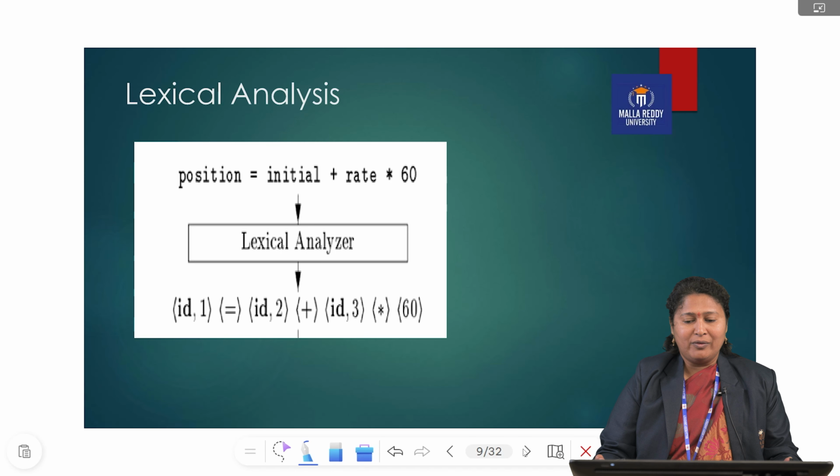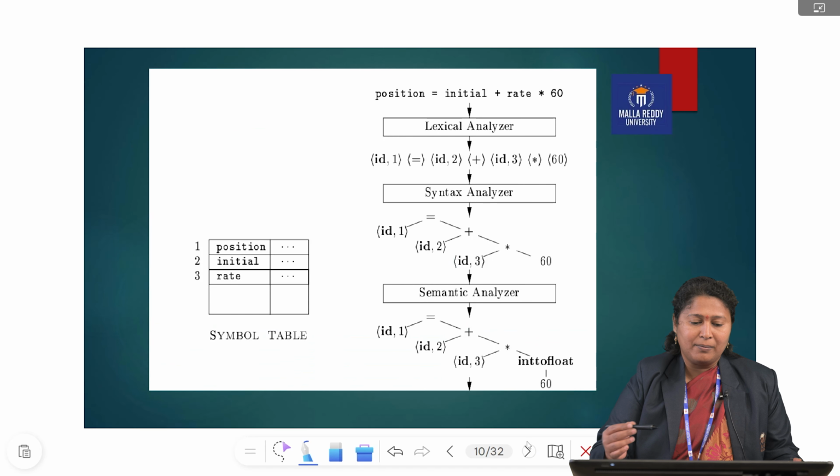From next time onwards, for the next operations, instead of position, initial and rate, we use ID1, ID2 and ID3. And equal to is a token, plus is a token, star is a token, and the number 60 is also a token. So in lexical analysis, the lexical analyzer identifies the statement as tokens and keeps those tokens in the symbol table.